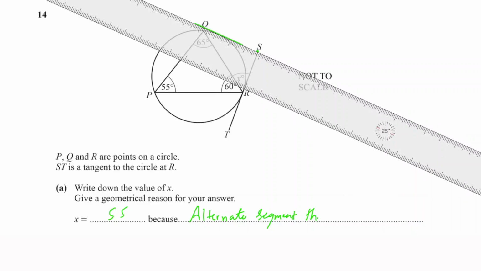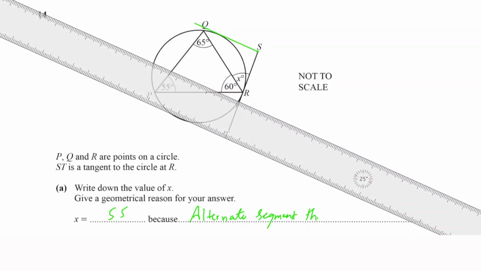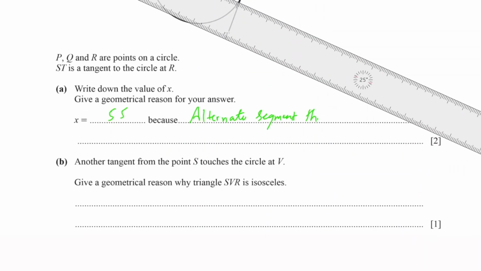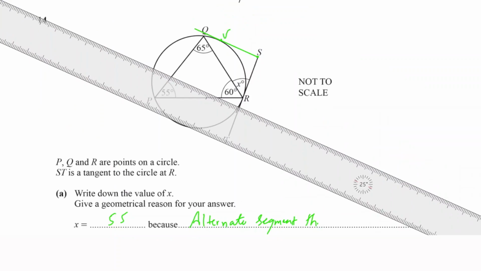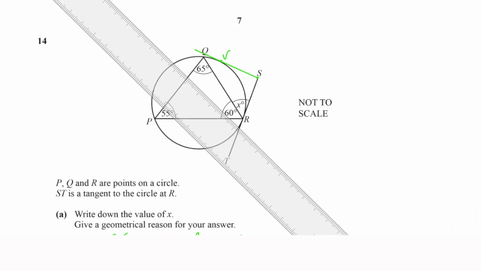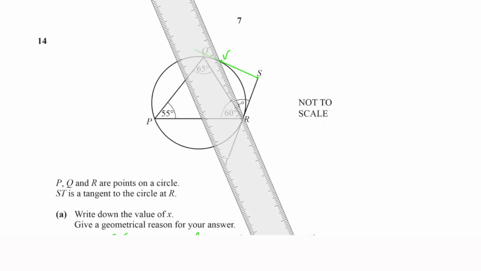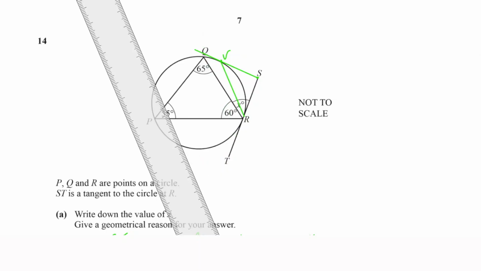So a tangent is the line that touches only one point of the circle. Be careful with that. So this is point V, and they are saying to give the reason why the triangle SVR is isosceles. So why is it isosceles?